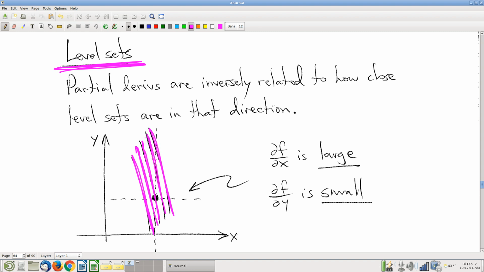So this first purple line is the level set where f equals some fixed value. The next one over is a different curve where f equals a different constant value. And, again, you might think of this as a hiking situation. The purple lines represent contour lines, like level. That's the name, level curves.